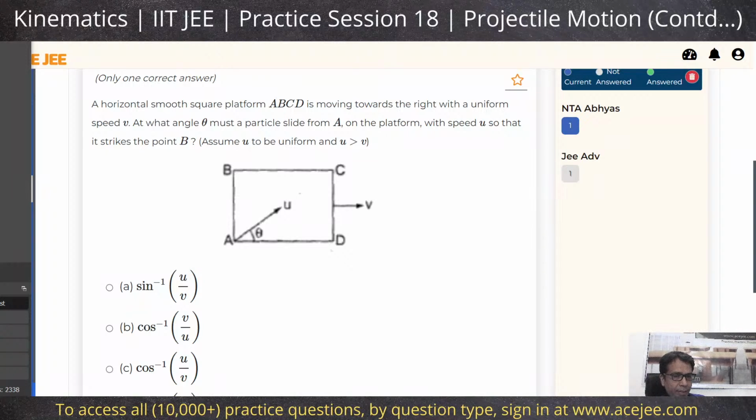So the component of the velocity u along the right direction should be the same as v. Otherwise, they will not be able to meet with each other. As simple as that.